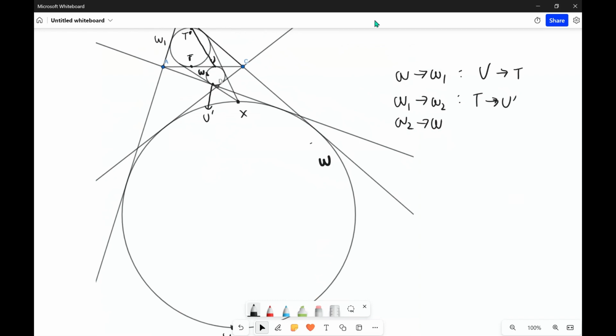And since we go back to omega, we recognize that the composition of all of these homotheties is just equal to a reflection about the center of omega. Therefore, if V prime is a top point of omega, let's go ahead and call this V prime, then that means that we have U prime gets mapped to V prime. And this means that D, U prime, and V prime are collinear.